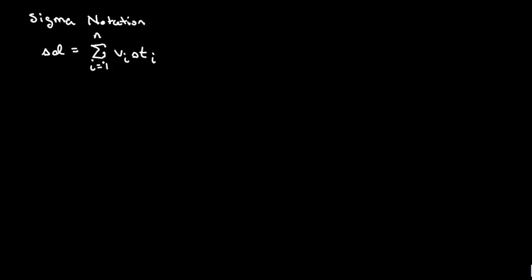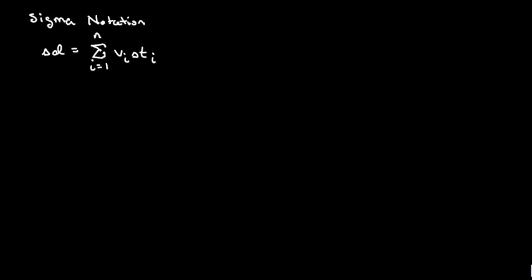The i itself is the index, the variable that we're using. i equals 1, 1 is the lower bound. n is the upper bound.